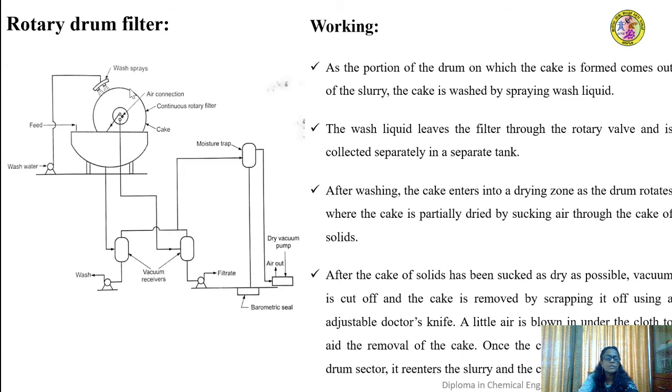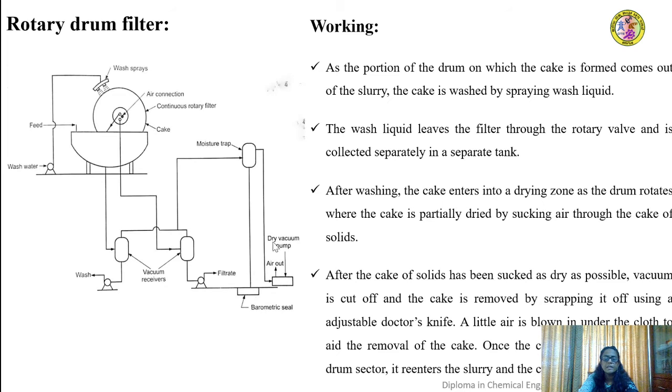So after washing is over, the drum comes to this position where air is blown from inside of the drum to dry the cake to as dry a condition as possible. After the cake of solid has been spun dry, the vacuum will be cut off.